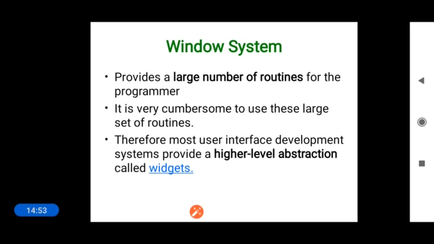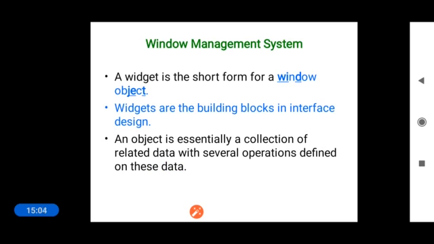So here our task has become easier with the introduction of this high level abstraction called widgets. Now let us see what those widgets are. Widgets is nothing but a short form of window object. Whatever object we see on a window is a window object.